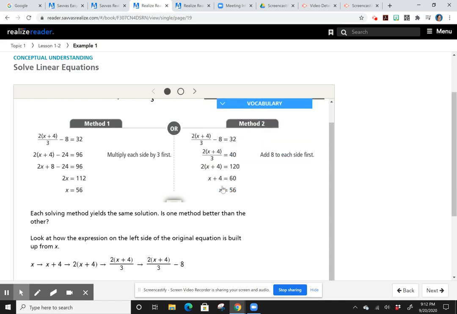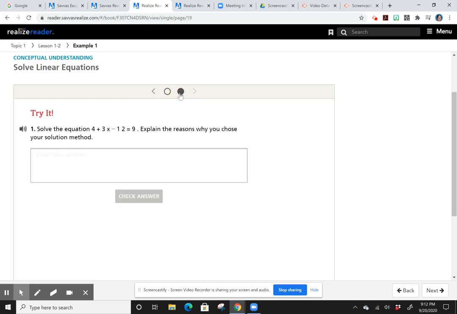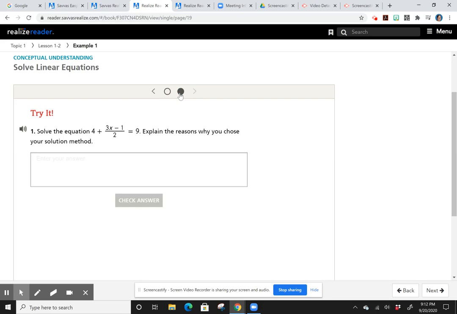So for your turn, our book calls it a Try It. You would want to click this little circle to go to page 2. So you are going to solve the equation 4 plus the fraction 3x minus 1 all over 2 equals 9.